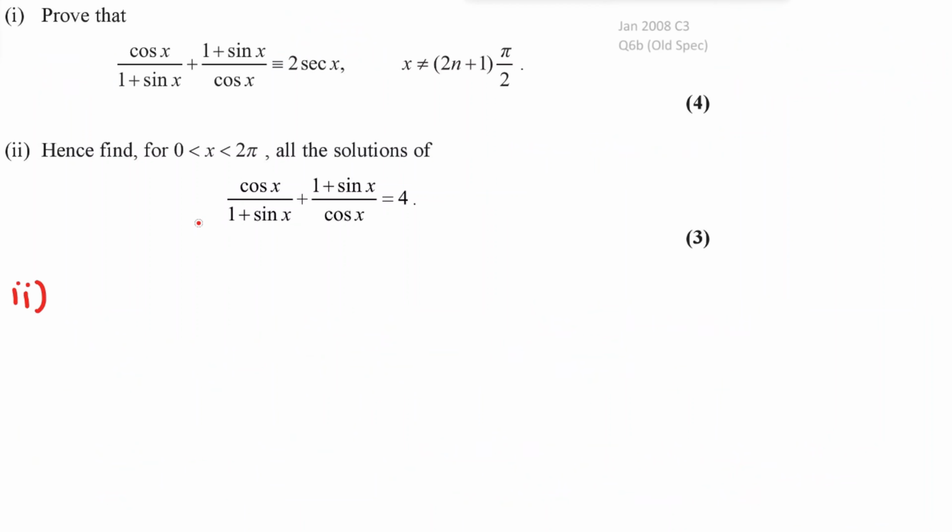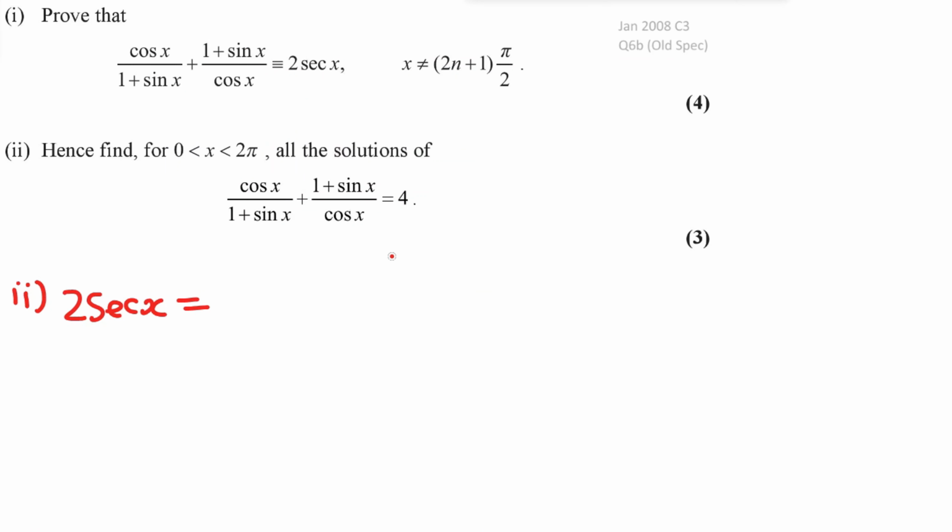So for the second part, we need to find between 0 and 2 pi the solutions to this equation here. Now, these two parts are always going to be linked in some way. They've got I and I, like this. And we can see that this here is the same as this. And as this is equivalent to this, therefore we can write this as 2 sec x.